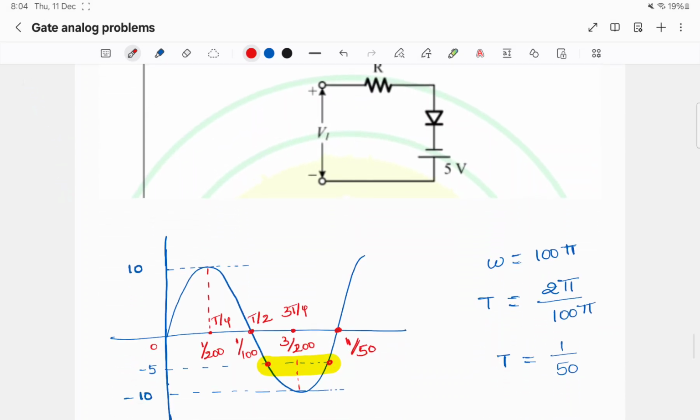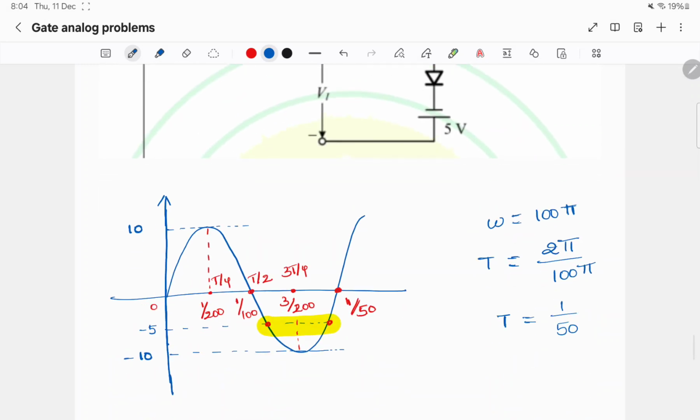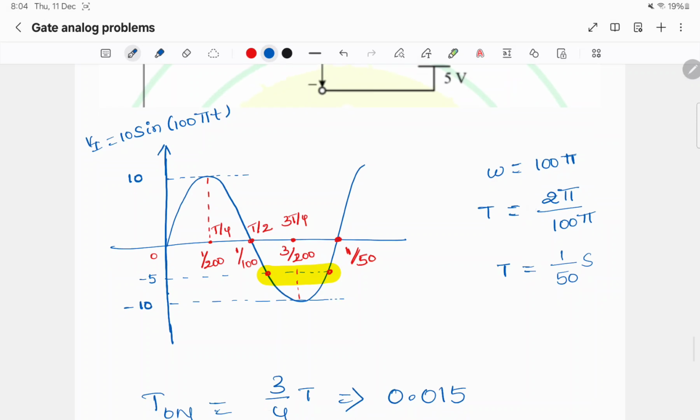If we plot the input voltage Vi, 10 sin 100 pi t, here omega is 100 pi, so T is 2 pi by omega, that will come out to be 1 by 50 seconds. So this is a single time period T, the duration is T.